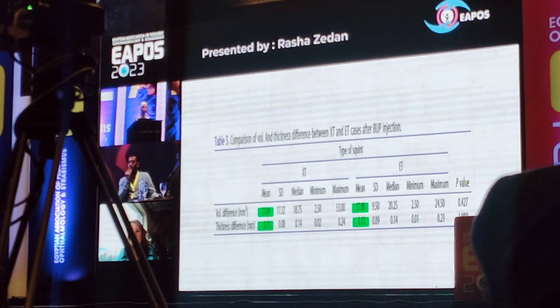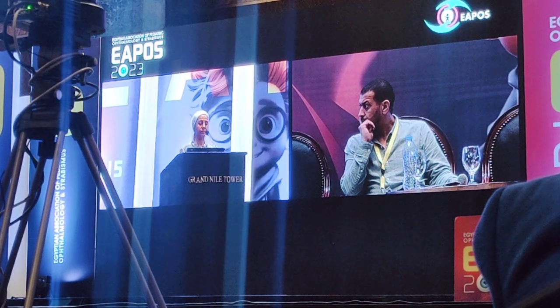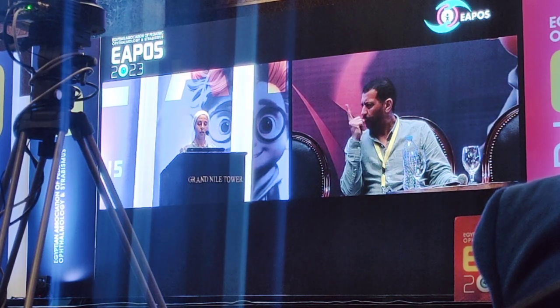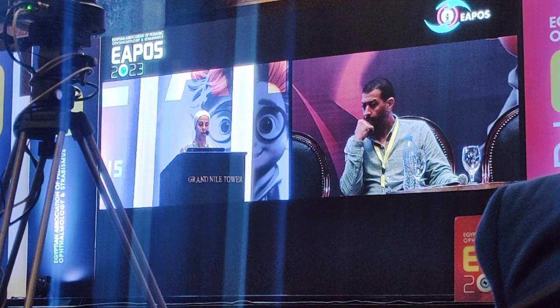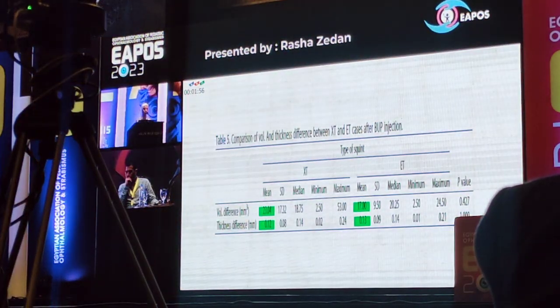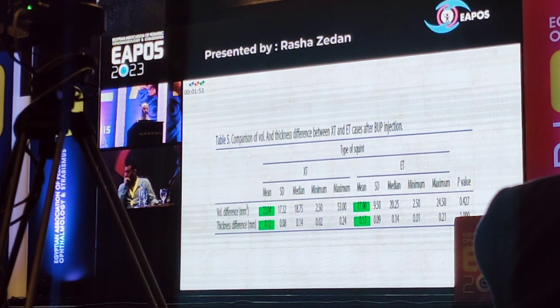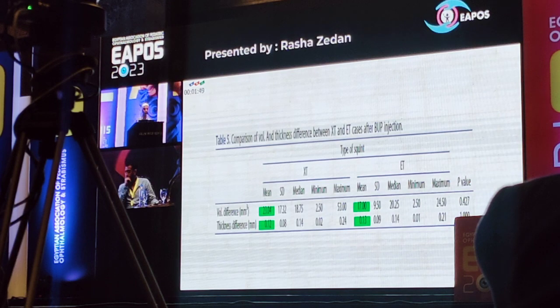I just want to note that in these cases, although the increase in volume and thickness was small, a lot of patients showed marked improvement in alignment.